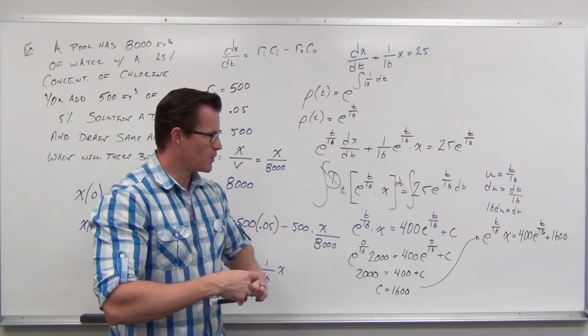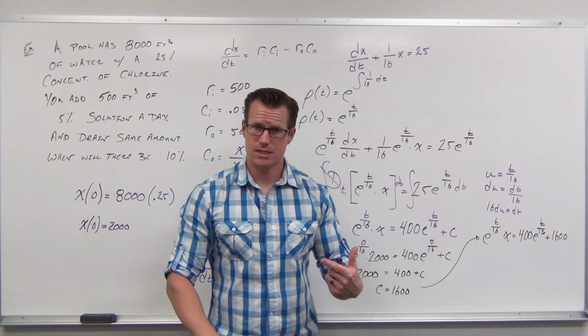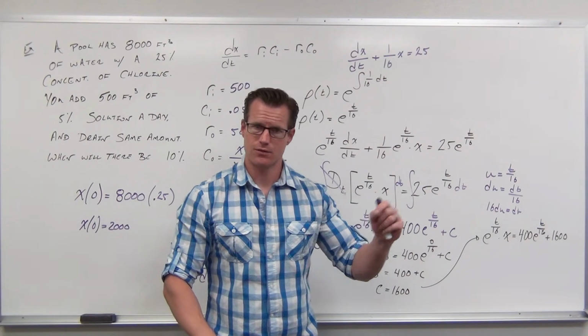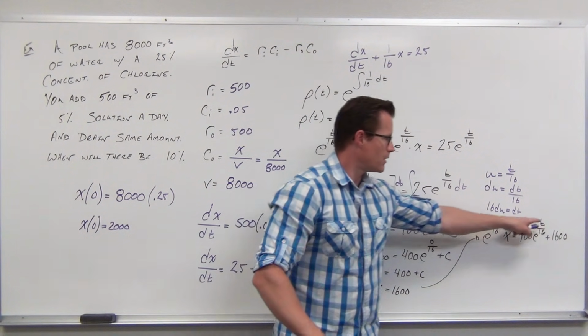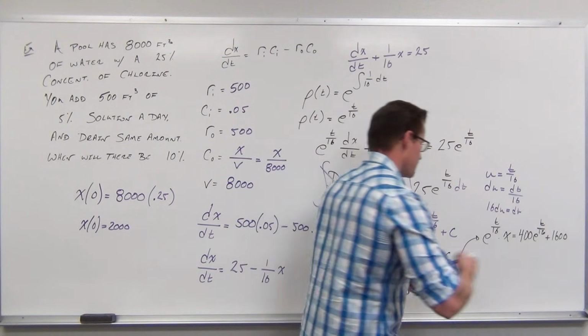Now, let's multiply both sides, which means all three terms, by e to the negative t over 16. This will be gone, this will be gone, this will gain an e to the negative t over 16.